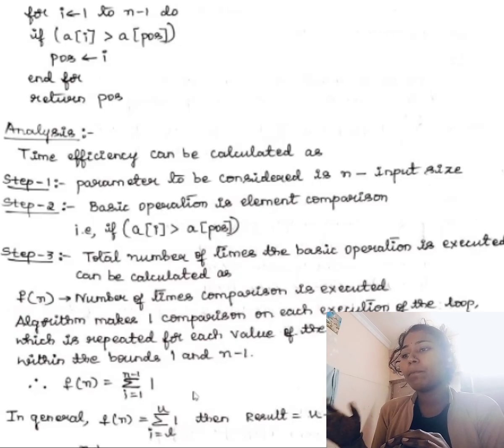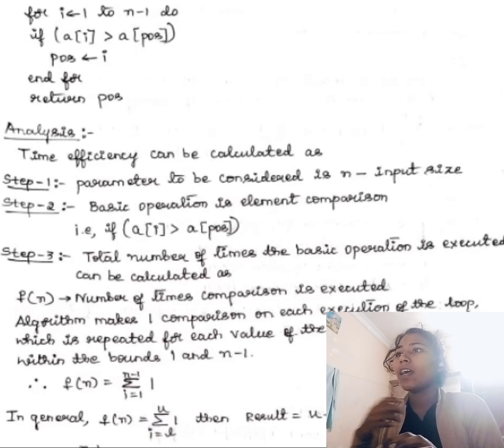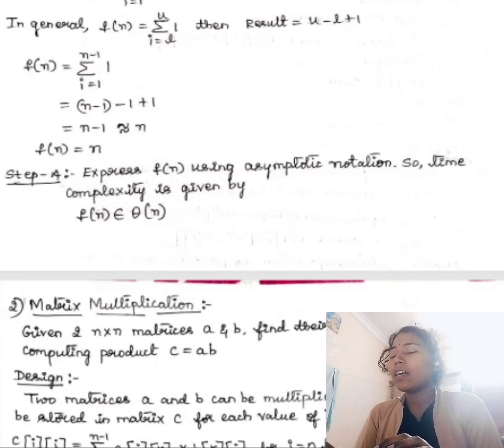We can see the previous formula and follow it. Here there is only one for loop, so f of n equals the summation of 1 for I ranging from 1 to n minus 1. The execution time is 1, and then n minus 1 minus 1 plus 1; the minus 1 and plus 1 cancel, and we get n minus 1.